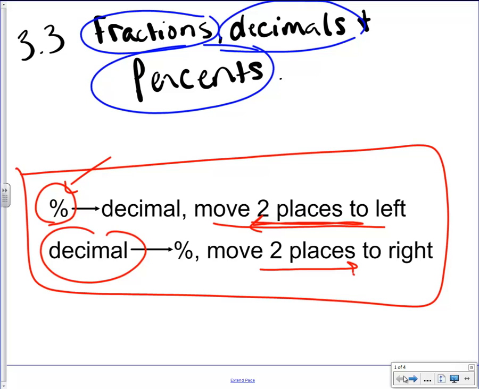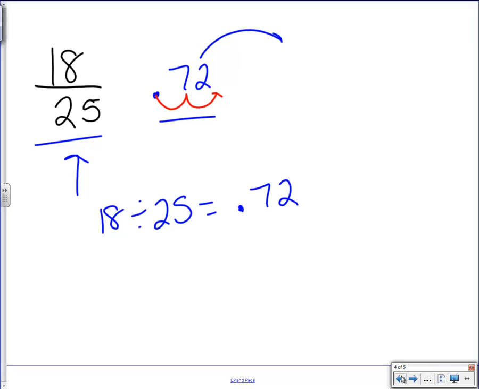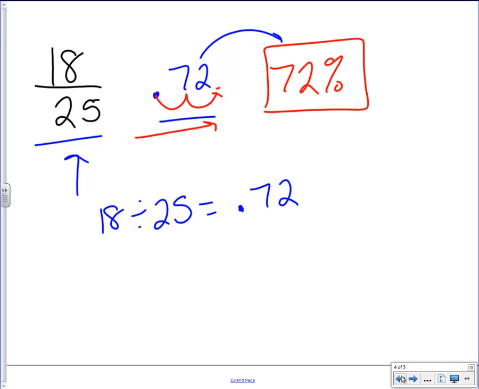So now I have a decimal and I'm moving to a percent, so I'm going to the right 2 places. And that's why, right here, I went 2 places to the right. And when I do that, the decimal goes behind the 2, and so this is the percent that I have. So these are my 2 answers for this problem: the 0.72 decimal and 72% for this one.